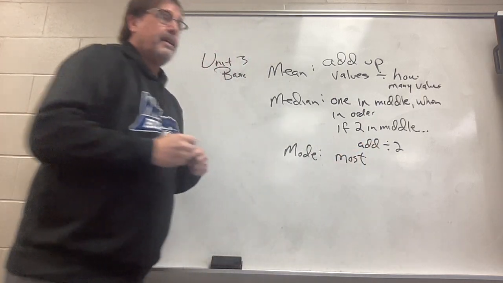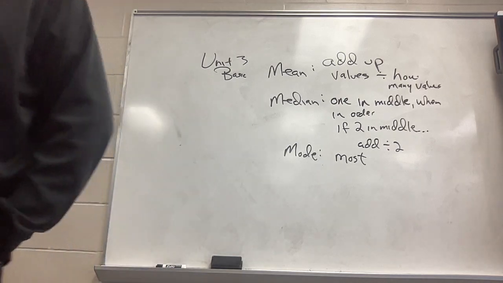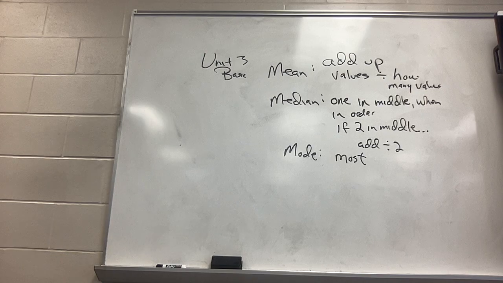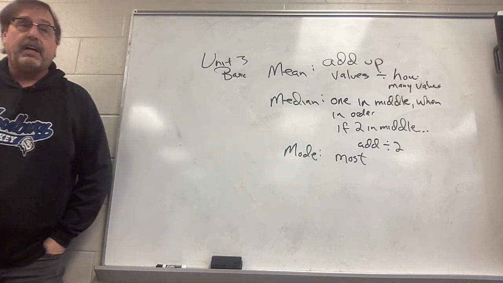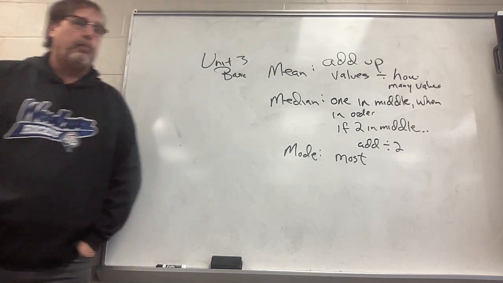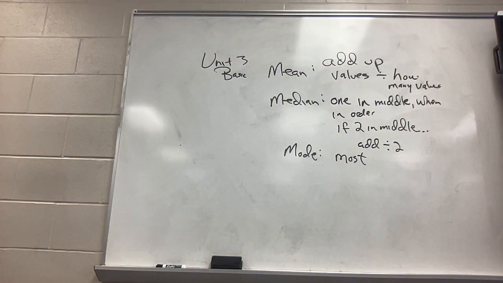Those are the basic ways that we talk about the center of values. Median is often talked about in values of homes. The median price of a home in Woodbury is $300,000.